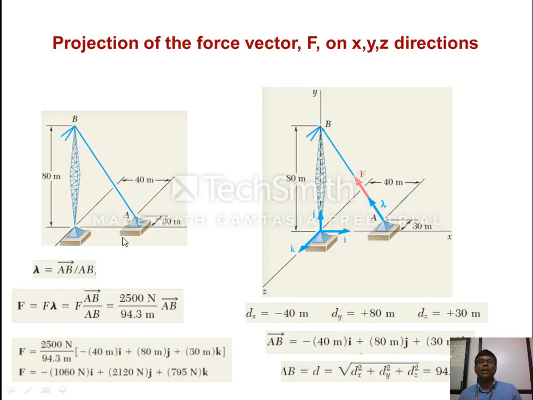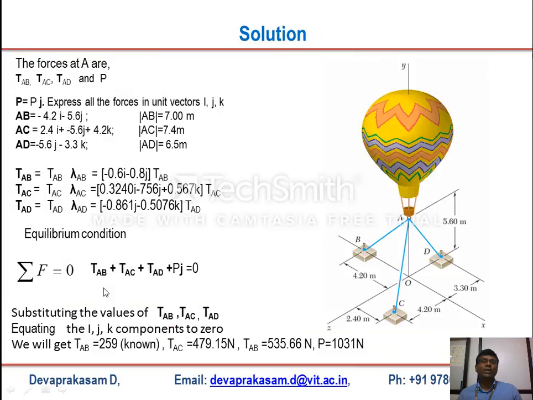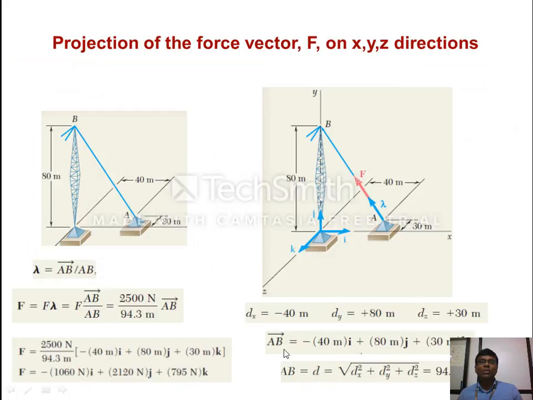So 30 in the k direction, basically that is the negative of the z direction. This is the x, this is the z, minus z, this is the y. So you construct the dx component, dy component, dz component from the origin.